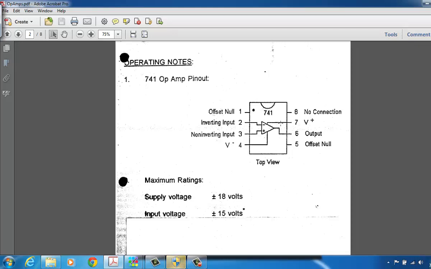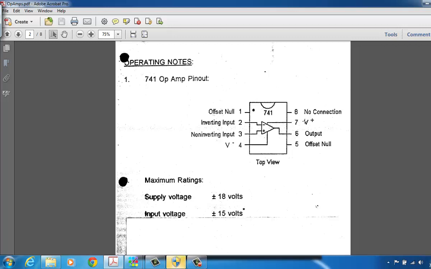This diagram shows the pins and how it corresponds to the op-amp circuitry. You can see the op-amp symbol we just talked about, and the inverting input is pin 2, the non-inverting input is pin 3, the output is pin 6.